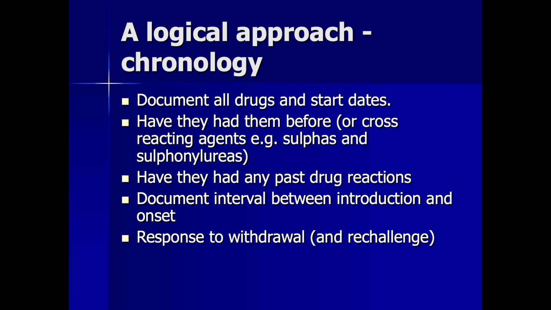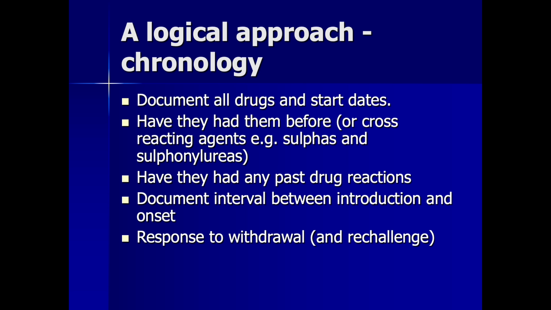Also, it's important to ask about potentially cross-reacting drugs. So if someone has had a sulfonamide in the past and they've reacted to it, they're likely to react to a sulfonylurea, which might be given to them for diabetes. So it's important to ask about previous drug reactions and anticipate whether there could be cross-reacting situations between drugs.